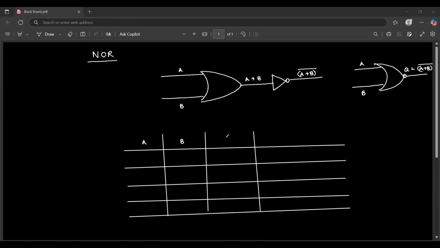B is 0 1 0 1, A is 0 0 1 1. So A plus B will be 0 here, 1 here, 1 here, and 1 here. What will be the inverse of A plus B? Since this is 0, this will be 1. The other three will be 0, 0 and 0. So this is the idea behind the NOR gate.